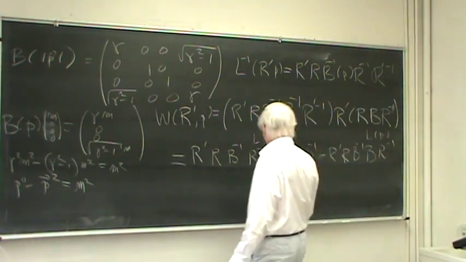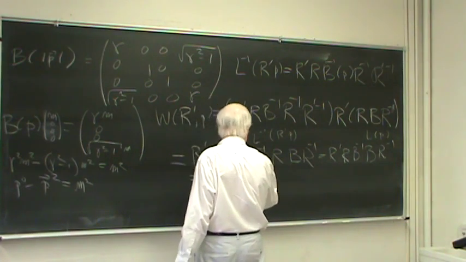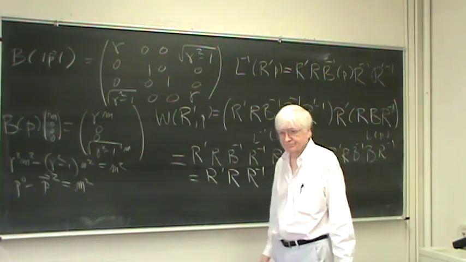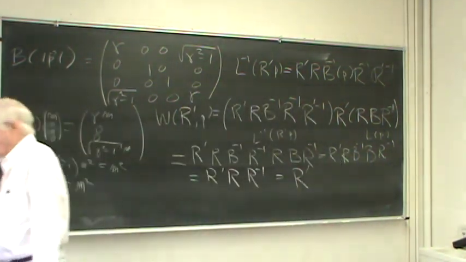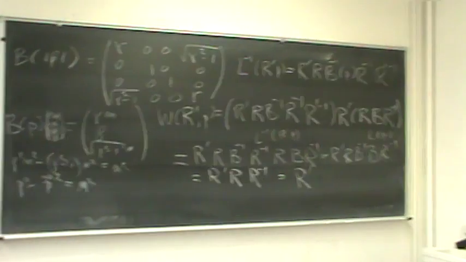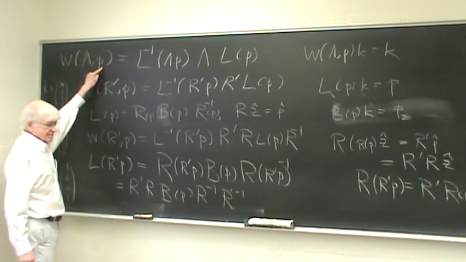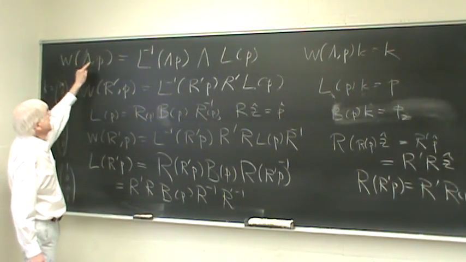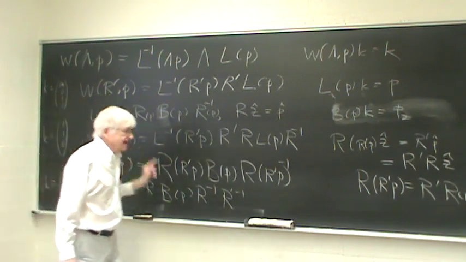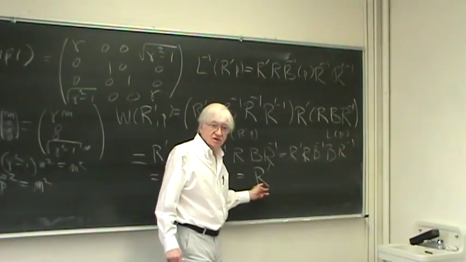The B's cancel, and we get R prime R R inverse, which finally gives us R prime. So what this tells us is that the Wigner rotation corresponding to an arbitrary Lorentz transformation that actually is a rotation is that rotation, R prime.